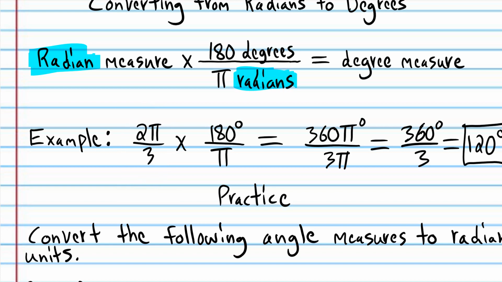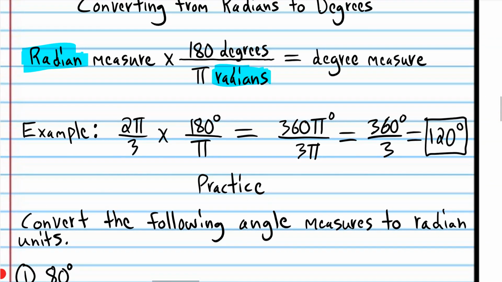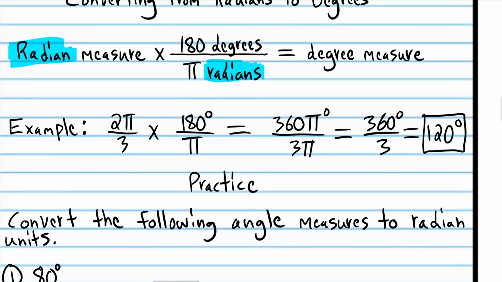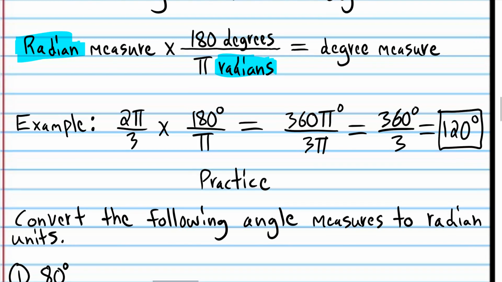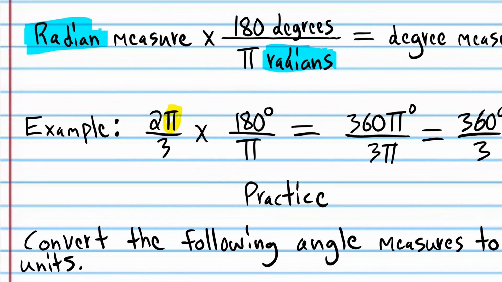There's only 2 units that we use for the measure of an angle. And another giveaway is if you see the pi symbol, then most likely you're in radians. Now, you don't have to use the pi symbol if you're going to write a radian measure, but 99% of the time, if you're in radian units, you're going to see the pi symbol.